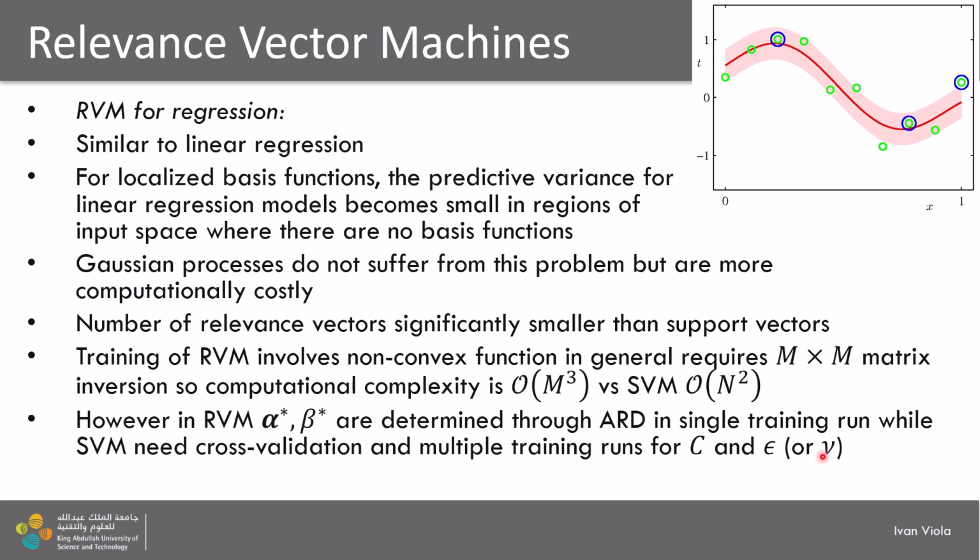So it is not straightforward to say that relevance vector machines would be more computationally costly in training time, because the need to perform cross-validation can also lead to extensive training times.